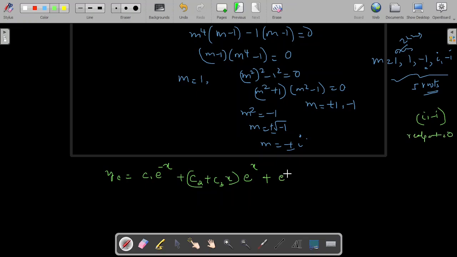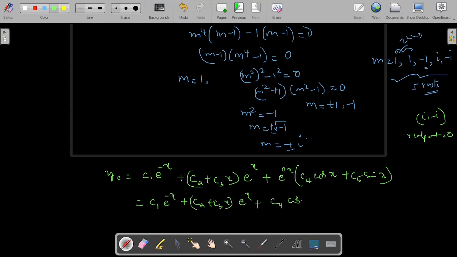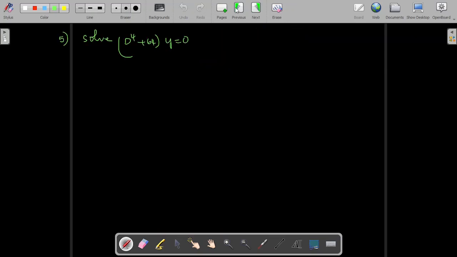Therefore e to the power 0x into (c4 cos x plus c5 sin x), here beta equal to 1. So after simplifying, we get c1 e power minus x plus (c2 plus c3 x) into e power x plus c4 cos x plus c5 sin x. This is the required solution.